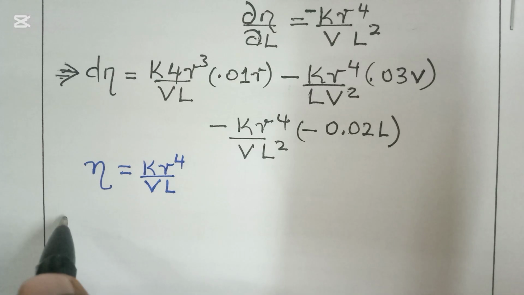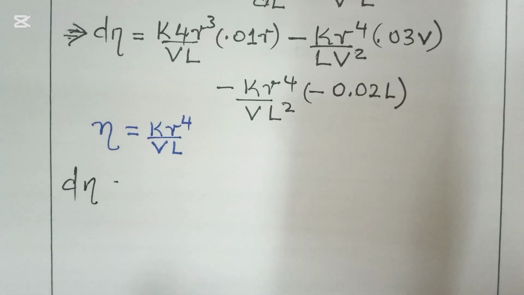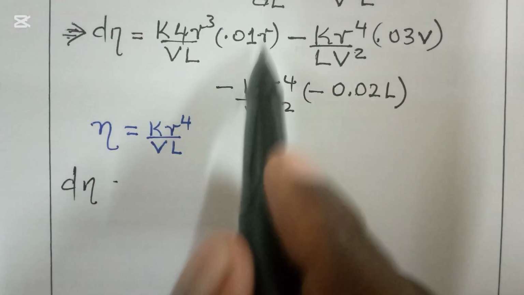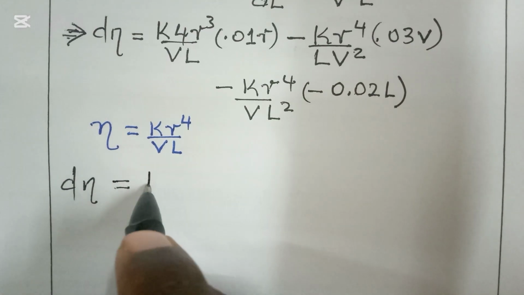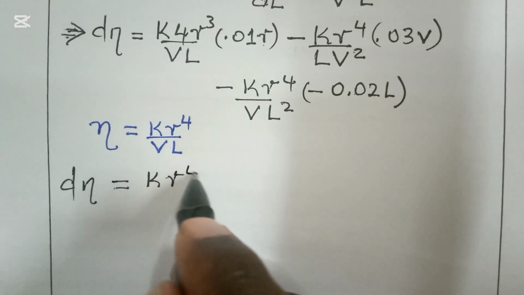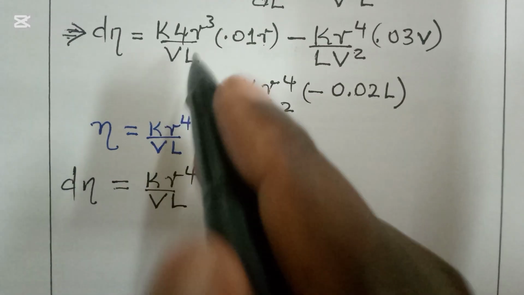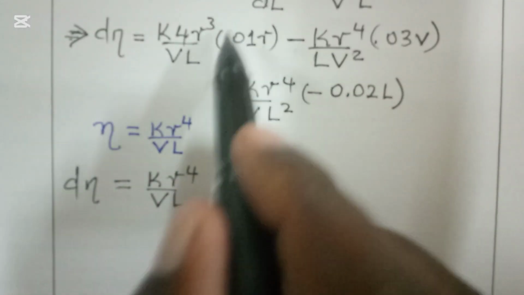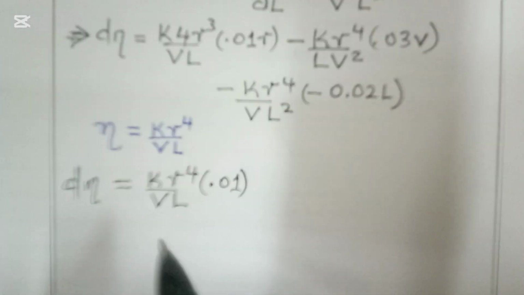So d eta, the change in eta, is now equal to K R raised to 4. Here we have V over L down there, so we are left with 0.01.